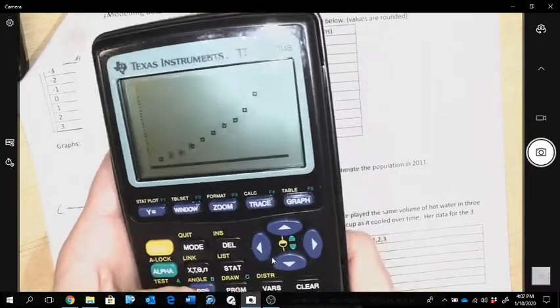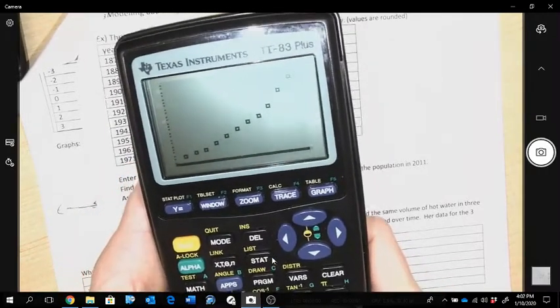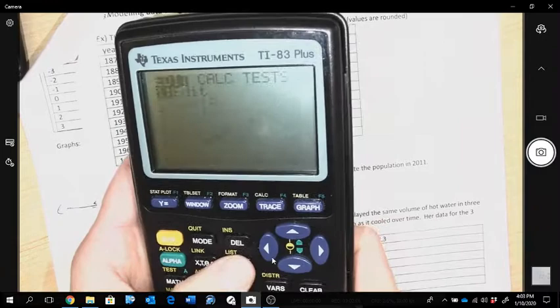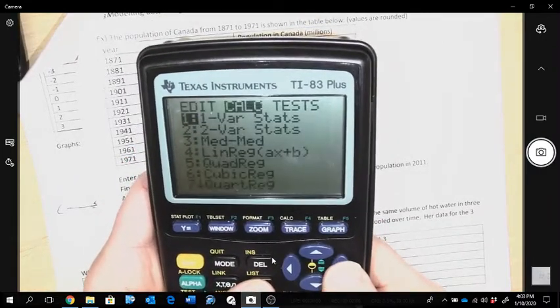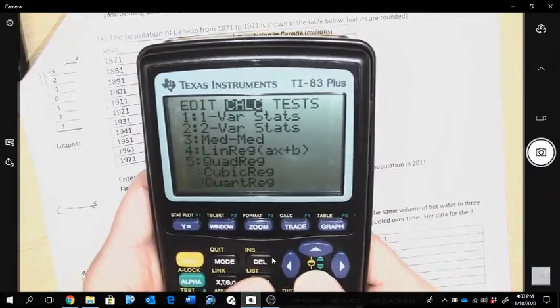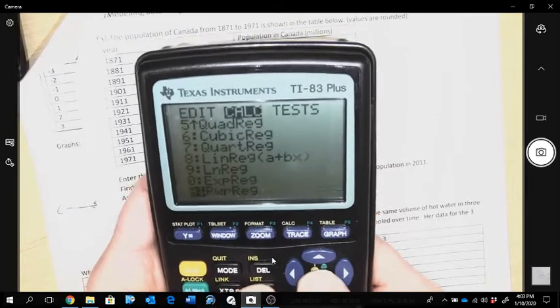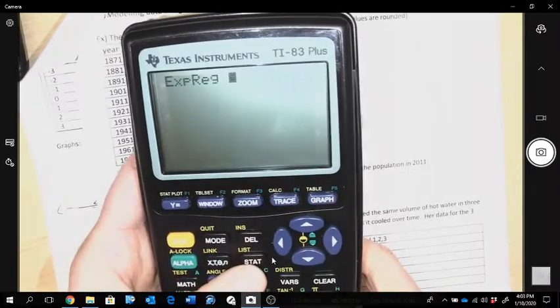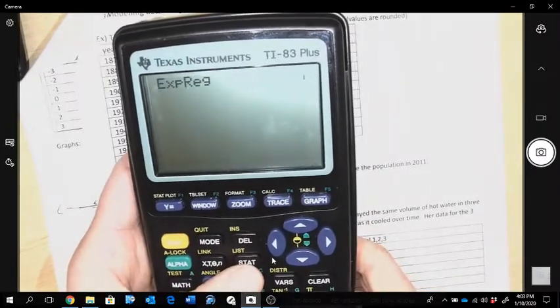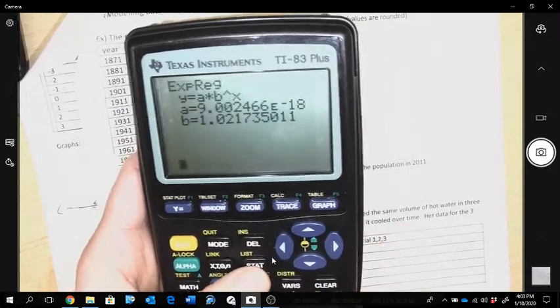Okay, so now we want to figure out what the equation is. So stat, calculate, and this time it's going to be an exponential regression. And there's our equation.